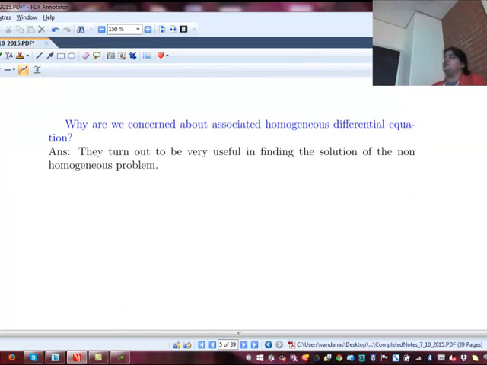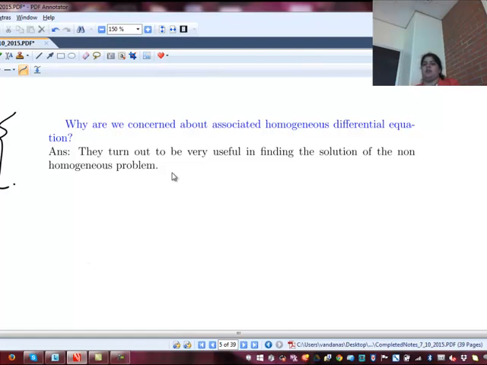This is key in solving a second order linear differential equation. If you are able to find a solution of the associated homogeneous differential equation, then you will be able to solve the non-homogeneous problem also, because there is a connection. So given a non-homogeneous problem, every time you have to find a solution of the associated homogeneous problem.